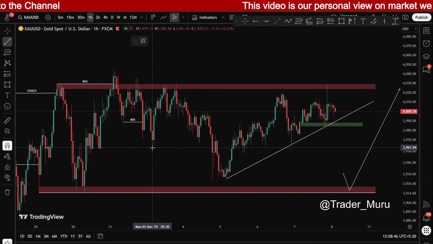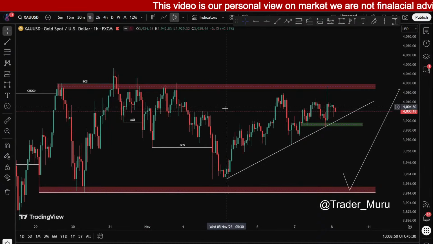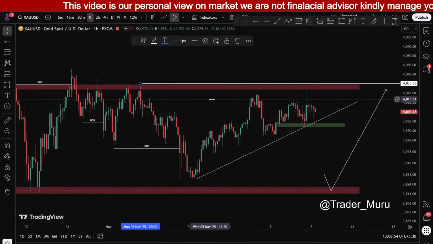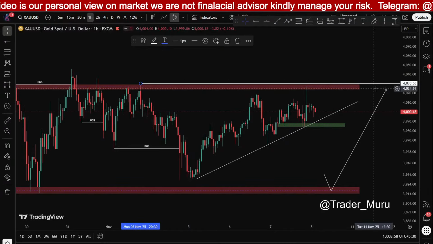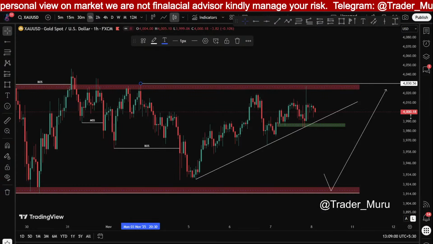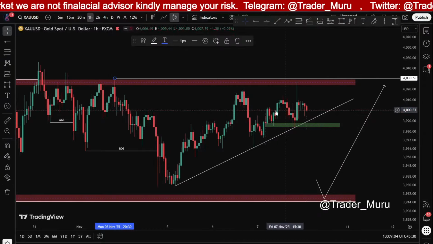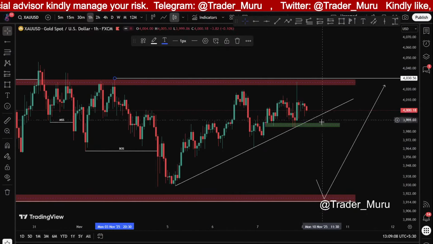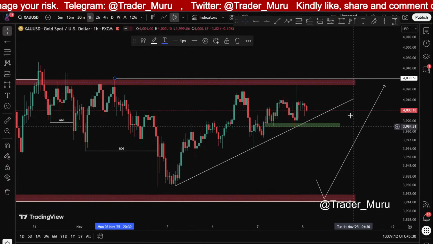Then we have this breakout structure, and this is our area above which gold will be bullish. So 4030 is our main area above which gold will change its 1 hour internal structure to bullish again. Before that, it is still a bearish sign.